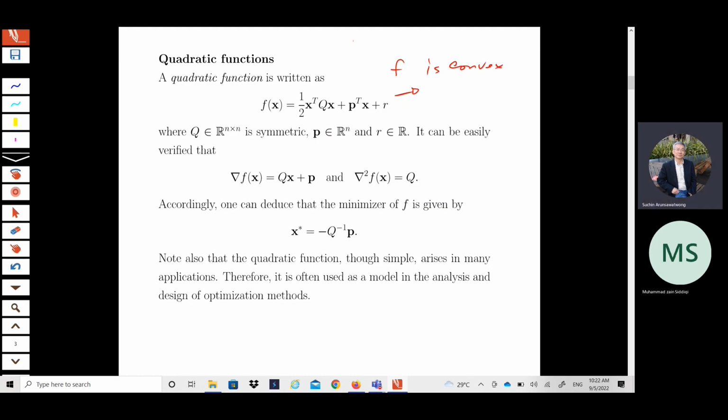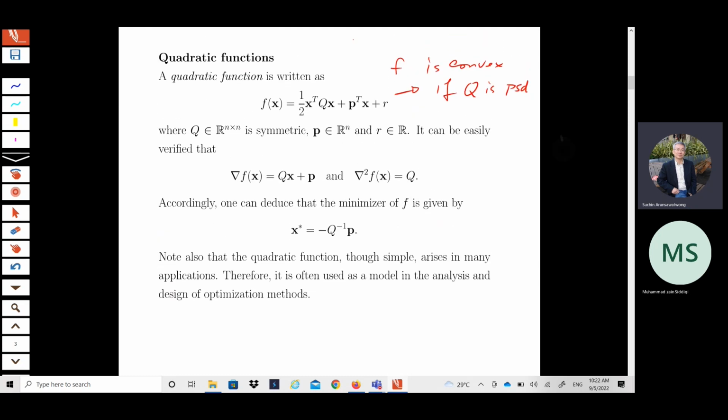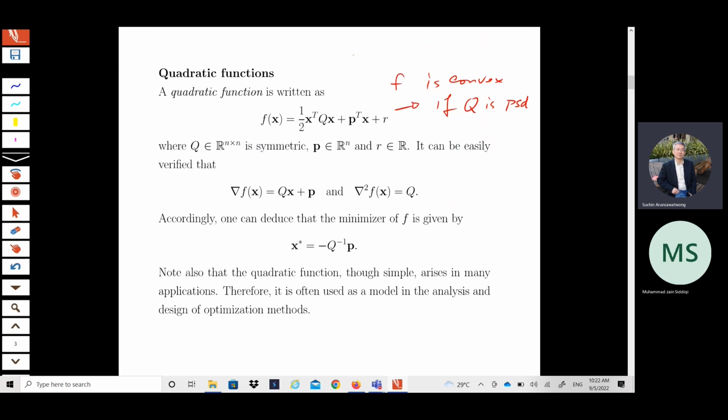When we find the gradient, it is Qx plus p.